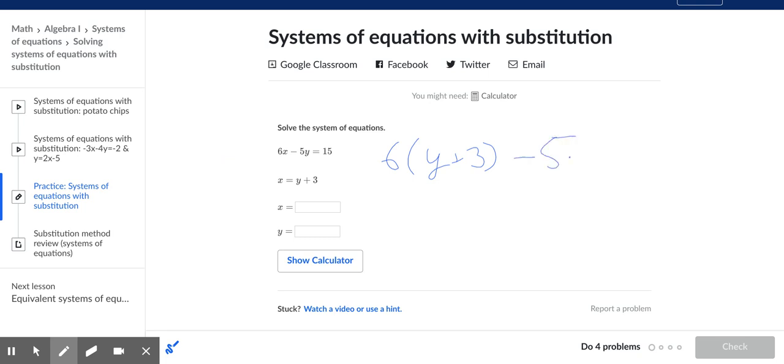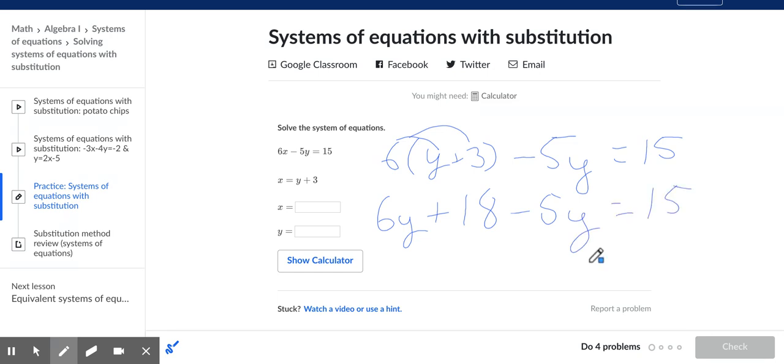And then I'm going to do 5y equals 15. And then I'm going to distribute this 6. So distribute the 6. I'm going to get 6y plus 6 times 3 is 18 minus 5y equals 15. Then I'm going to combine like terms.